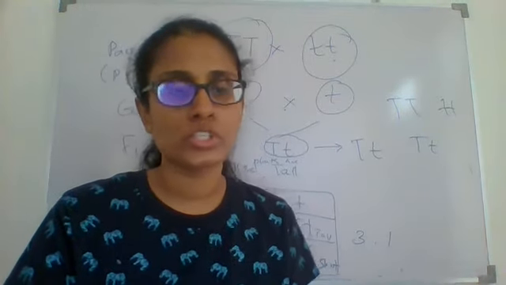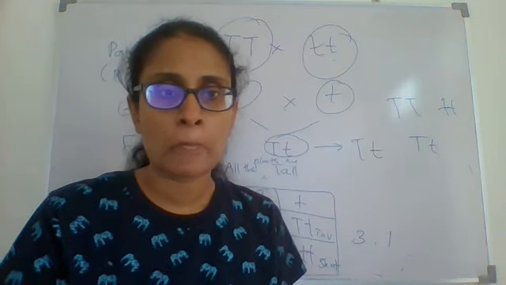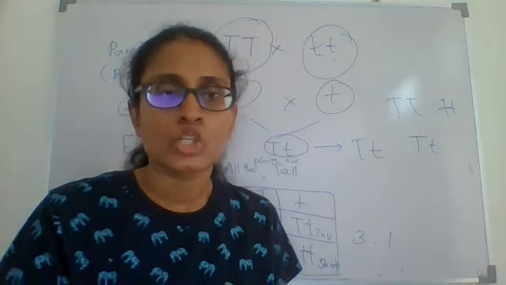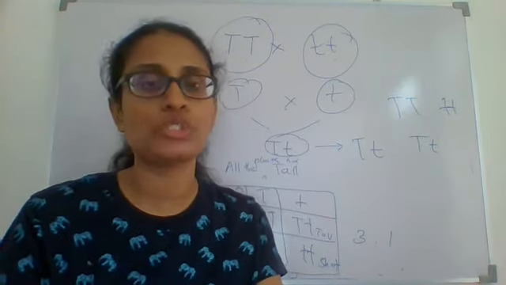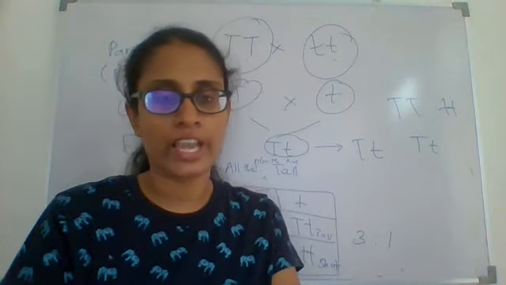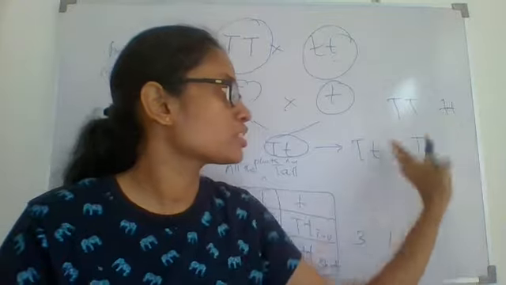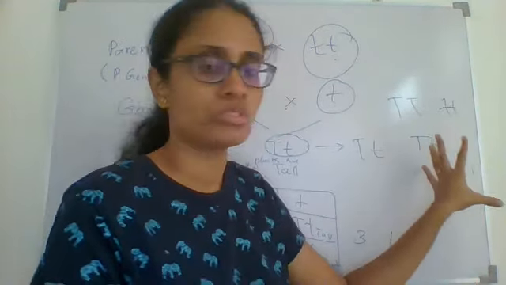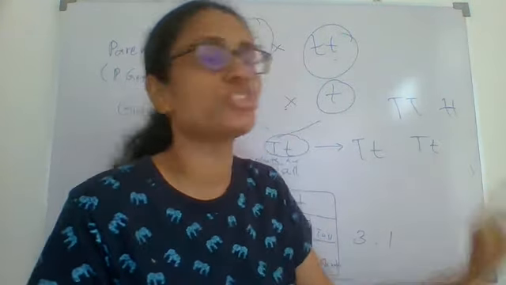And gene expression, I also explained about this with phenotype and genotype. Gene expression is the combination of a gene pair for a particular character. These are the types of gene expressions, and within that you can have three different genotypes: either TT, or Tt, or tt.